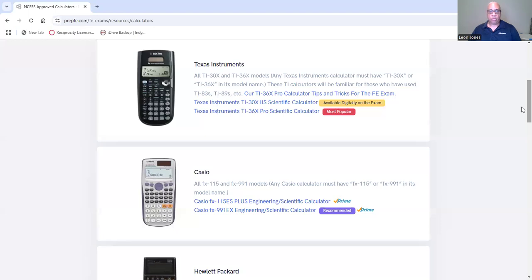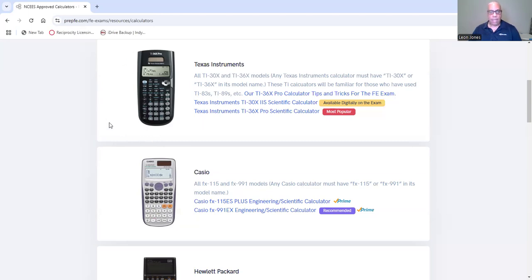Now, let me share my screen and let me show you the approved calculators first of all. Right here, these are the approved calculators, so you'll know exactly what they look like. Texas Instruments. This is the one I have right here. I also have the Casio as well. Very good calculators.